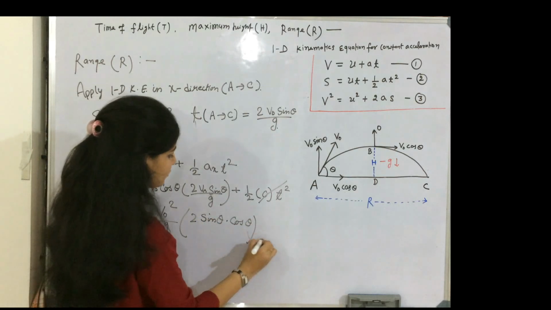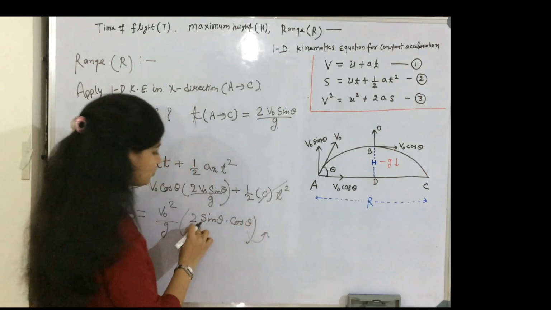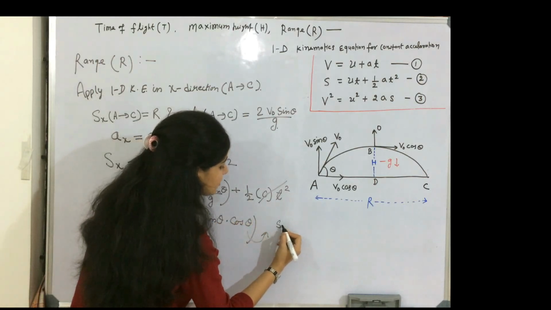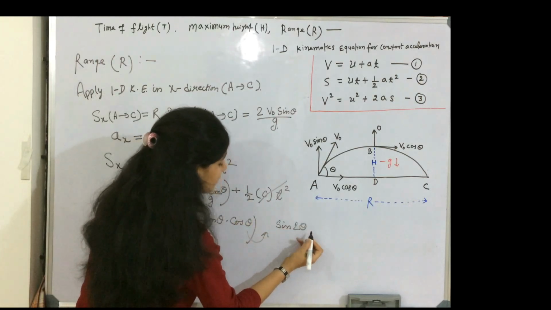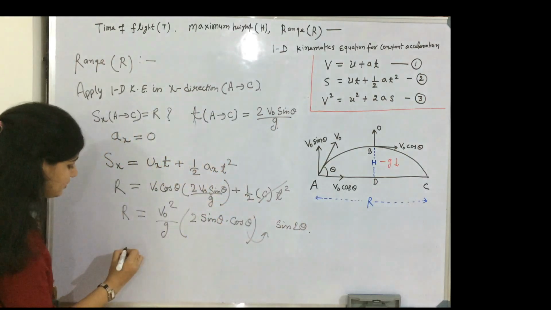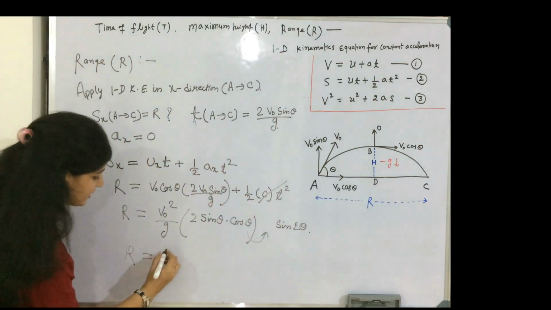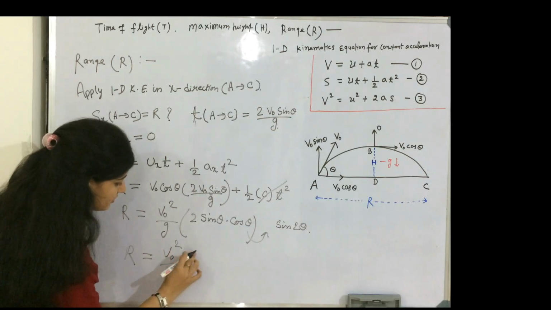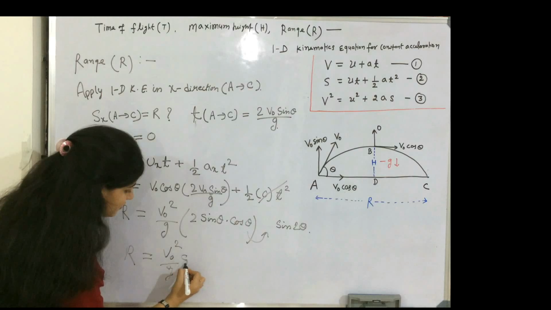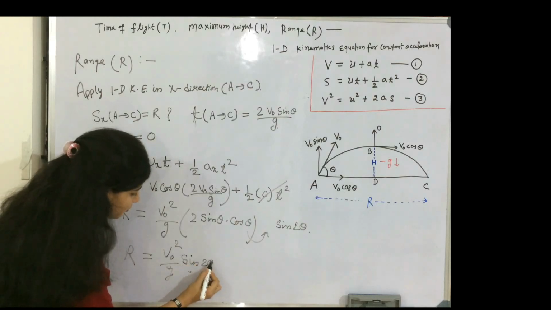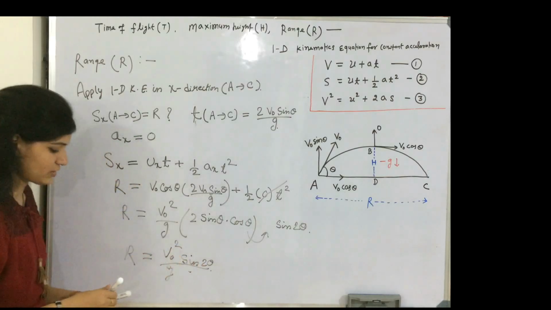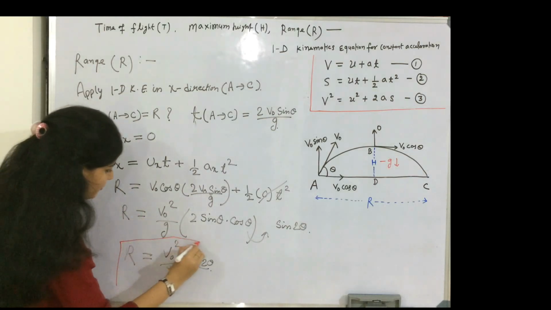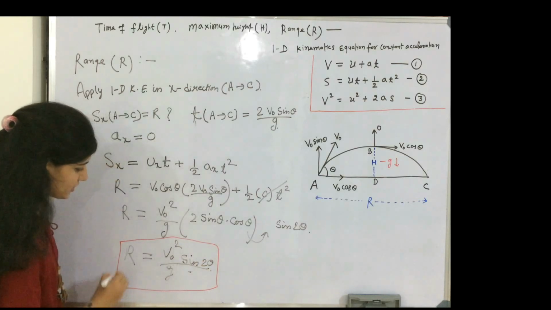We apply trigonometry: we know that 2 sin theta cos theta is sin 2 theta. So the formula for range of projectile is V naught square by g into sin 2 theta.